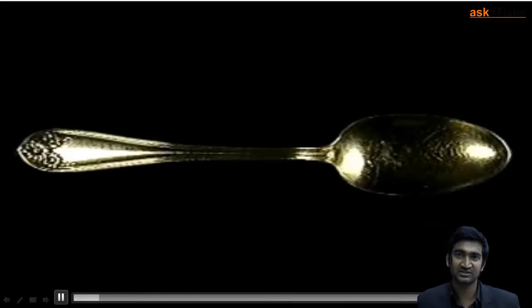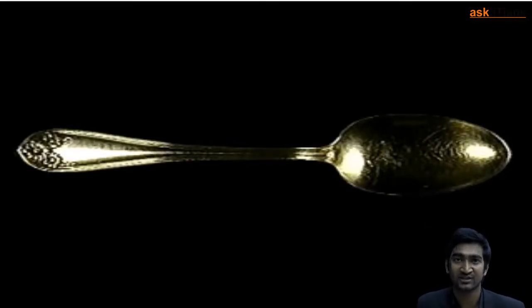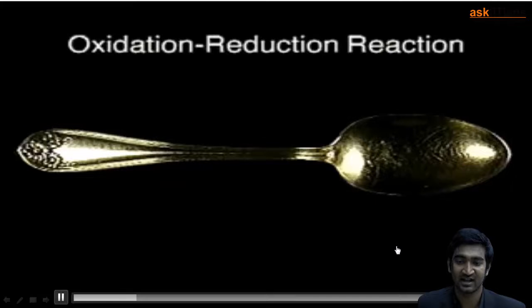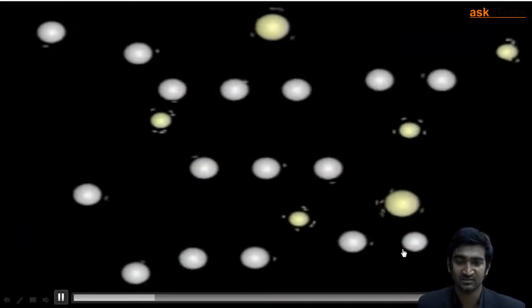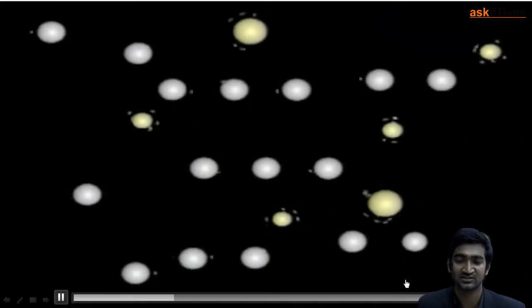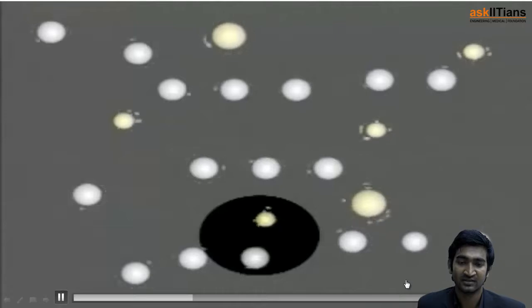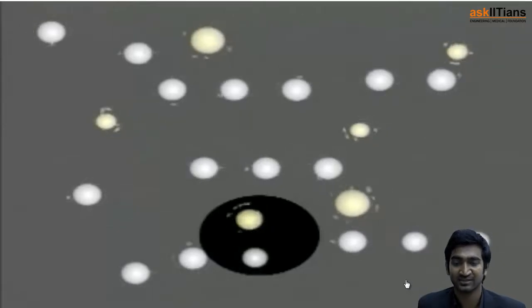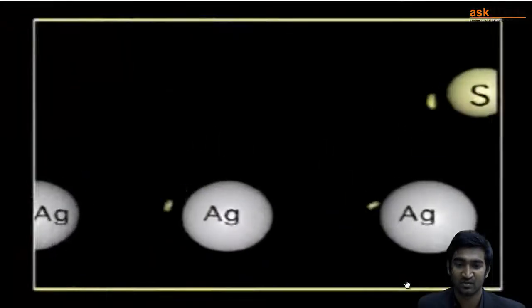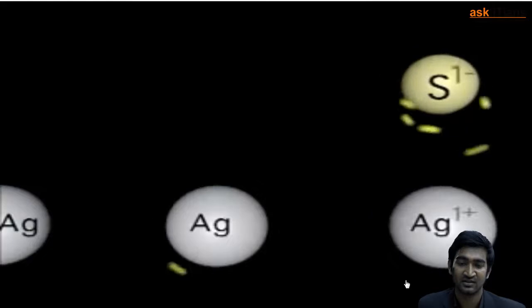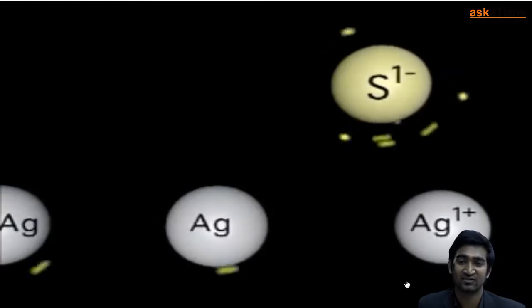So here is the tarnishing of silver. Silver gets tarnished. What is that? This you saw, just a silver spoon. These are the atoms of silver, Ag. So tarnishing is done by sulfide.